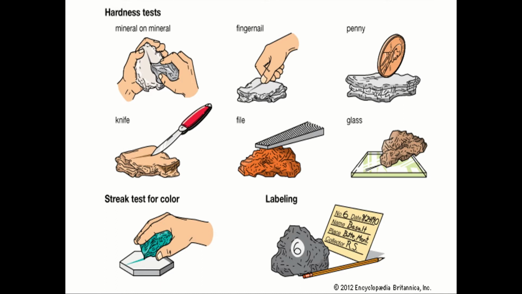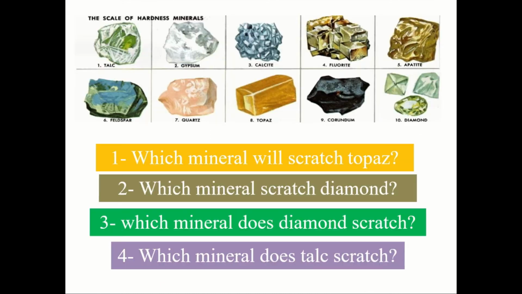It's usually used by our scientists in determining the hardness tests. The archaeologists, those who work at the mines, test the hardness of the minerals. So the Mohs scale can be used like this.